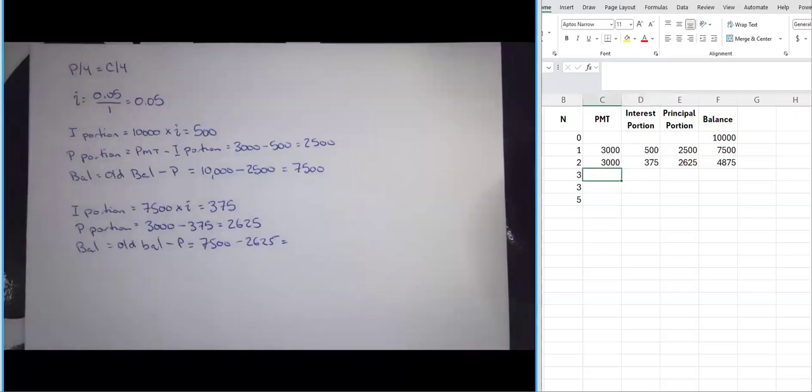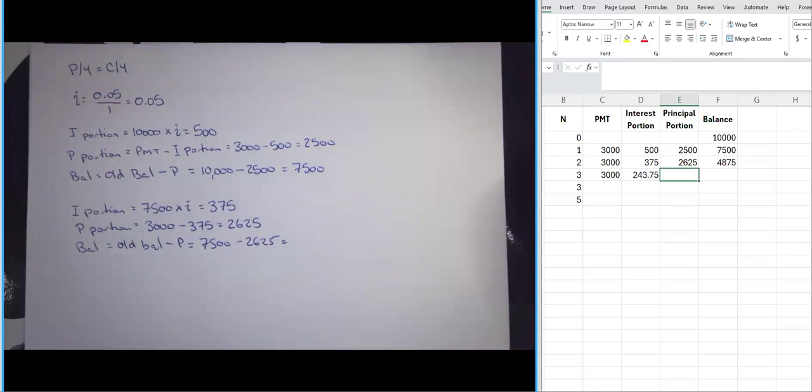And then we just carry this on. We make another $3,000 payment. Some of that goes to interest, $243.75 goes to pay off interest. The rest goes to pay off principal.